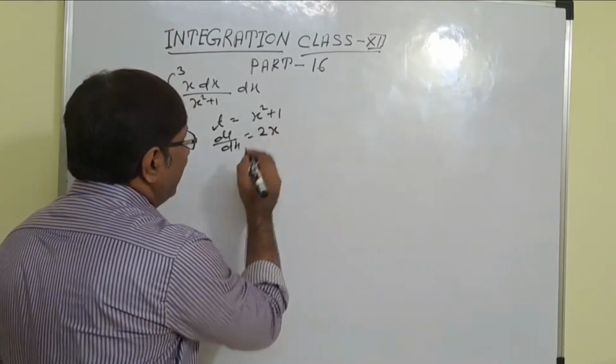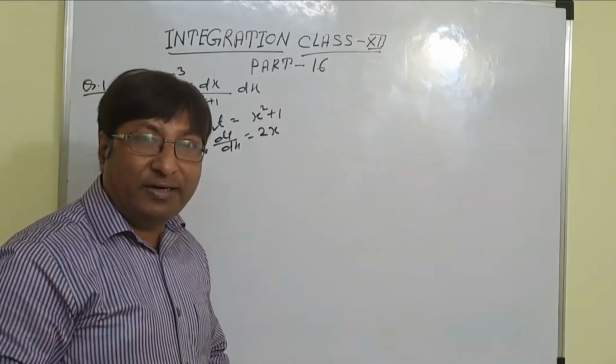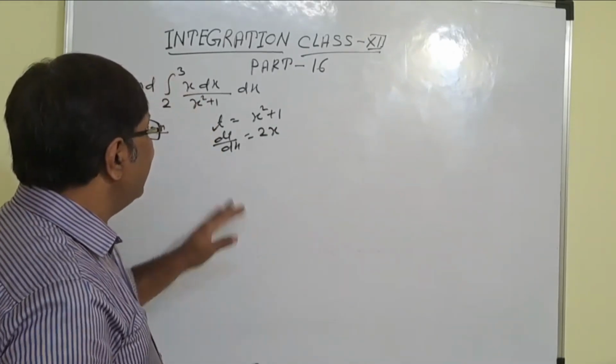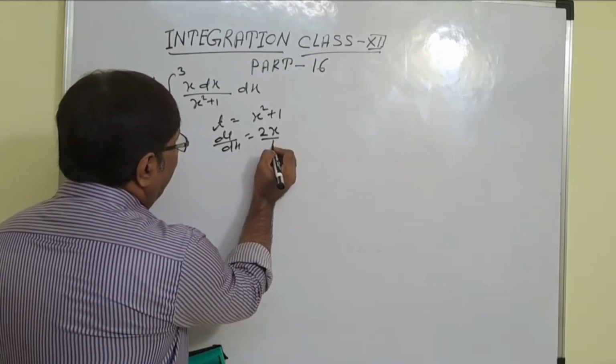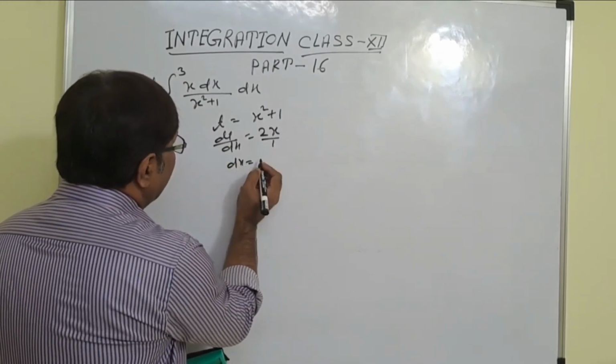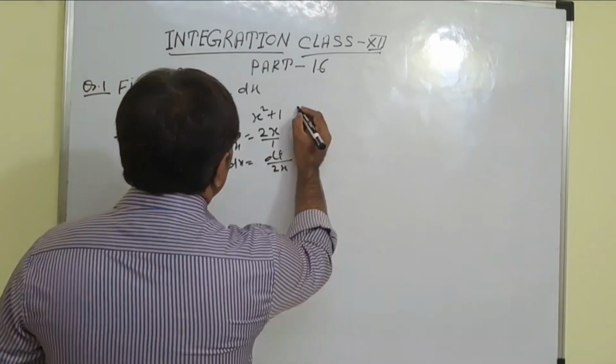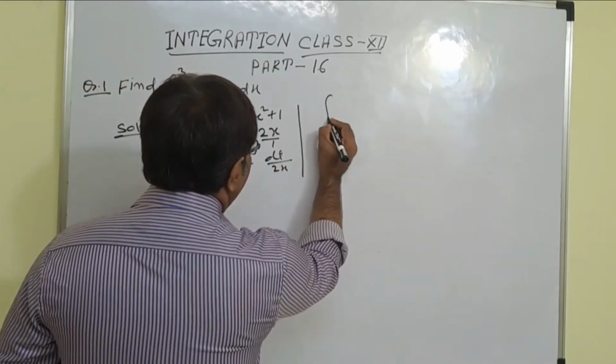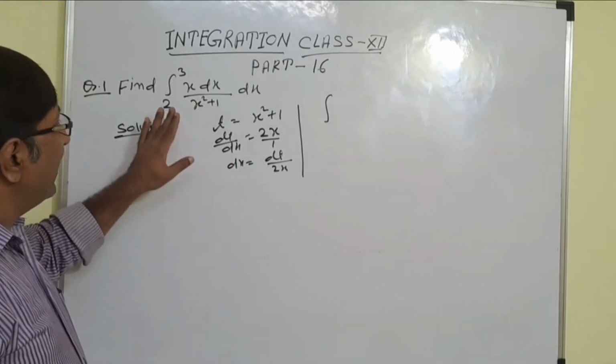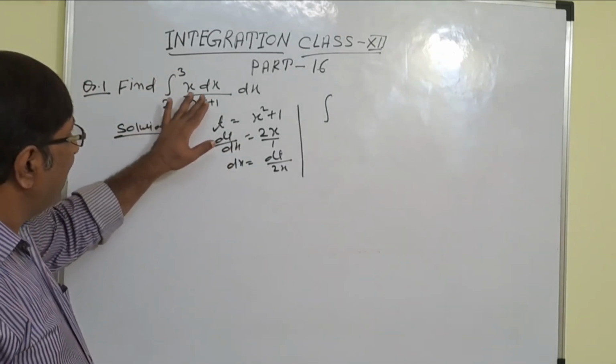And this is a constant, so the derivative of a constant is 0. Now we need dx. So from here, dx equals dt upon 2x, right?